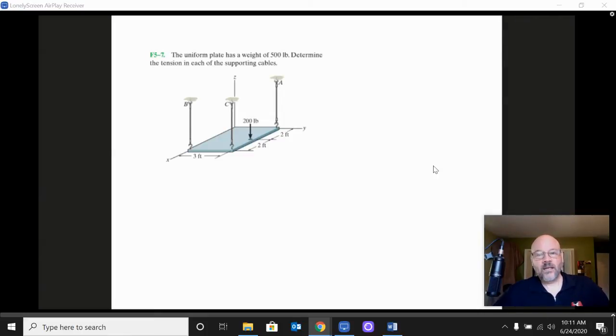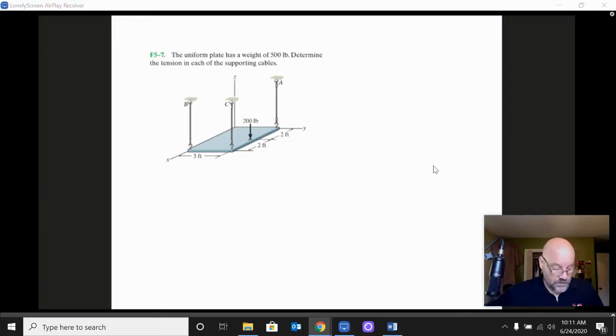We're going to start out with a pretty easy one here, number 7. So we've got a plate, and the plate is being held up by 3 cords at A, B, and C. The plate itself weighs 500 pounds, and there's a 200-pound force acting on it.